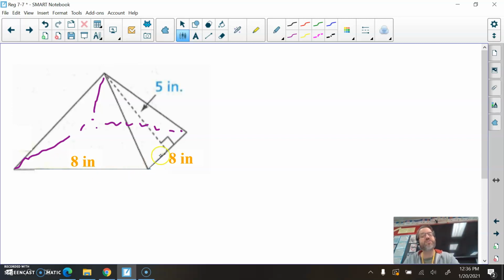But the base, it looks like a rectangle, but if you look at the measurements, it's 8 by 8. So we have one square base again. And if we have that one square base, then all four of the triangular faces that go around the lateral surface have to be identical to each other.